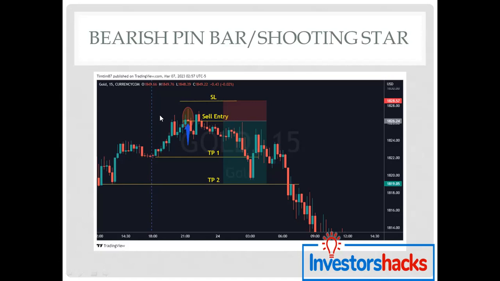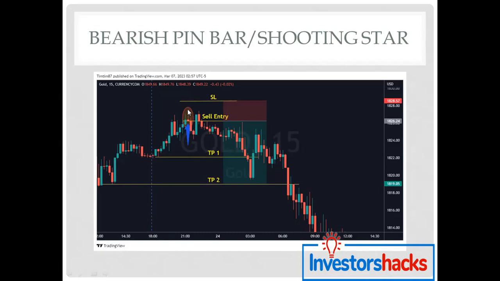After it forms, this is our bearish pin bar or our shooting star. Once this completes as a sell candle, then you can enter immediately at this point. So this is your sell entry. Remember, we said that they give sell signals.